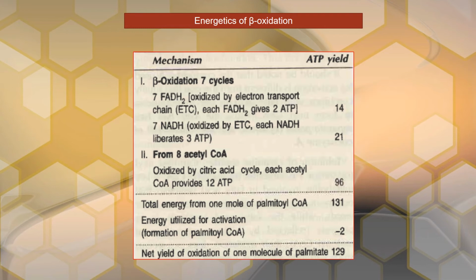From 8 acetyl coenzyme A molecules, oxidation by citric acid cycle, each acetyl coenzyme A provides 12 ATP, that will multiply by 8, which will be 96 ATPs. The total energy from one molecule of palmitoyl coenzyme A is 131, but 2 ATP are utilized for the activation process. Hence, the net yield of the oxidation of one molecule of palmitate gives 129 ATPs.